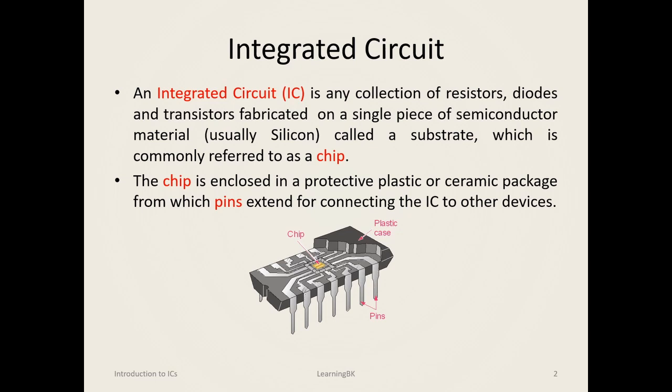It is usually enclosed in a protective plastic coating, and the connection points, or leads or pins, of the integrated circuit come out of that coating. This coating could be plastic, ceramic, or any other suitable material.